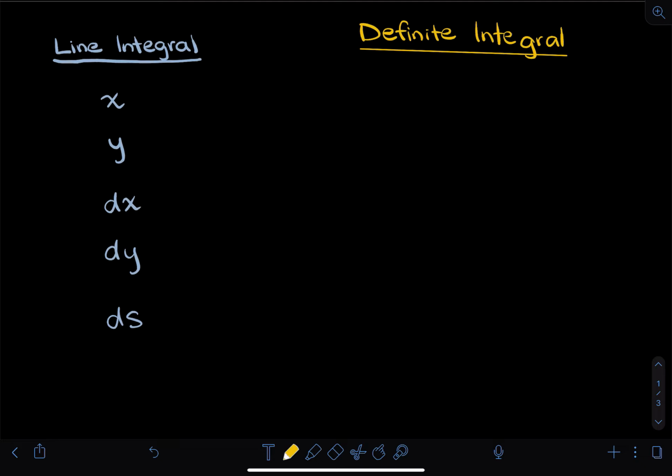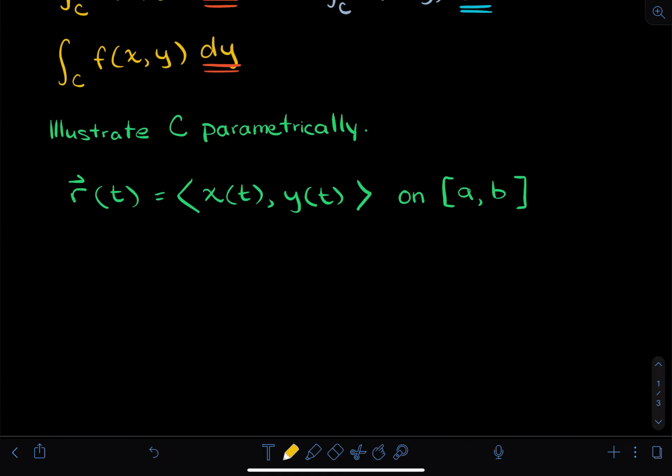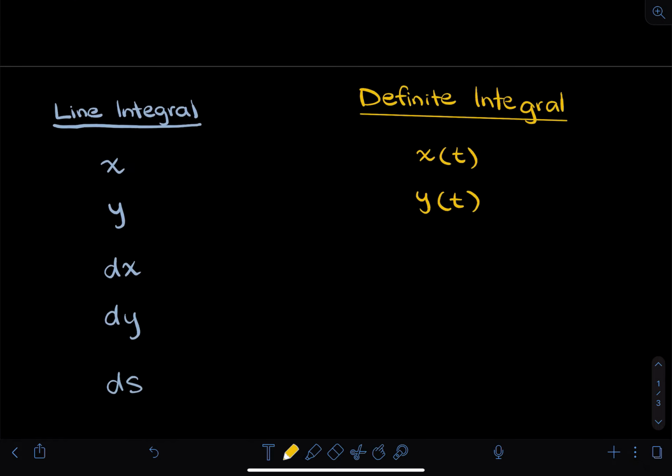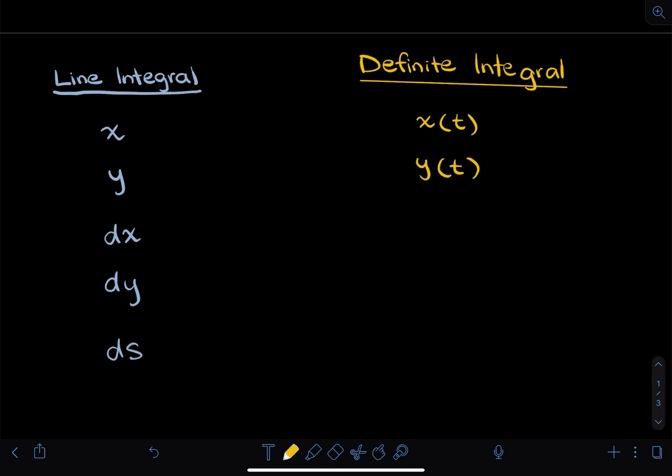But now we can substitute values in to correspond to these components. So if we see an x in the line integral, we'll replace it with x of t. If we see a y, we'll replace it with y of t. And just to remind you, the x of t and the y of t are referring to C, which we describe parametrically up here. If we see a dx, we want to write it as x prime of t dt.